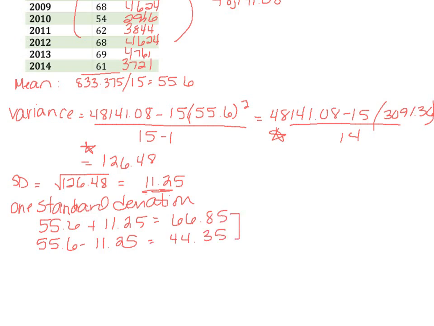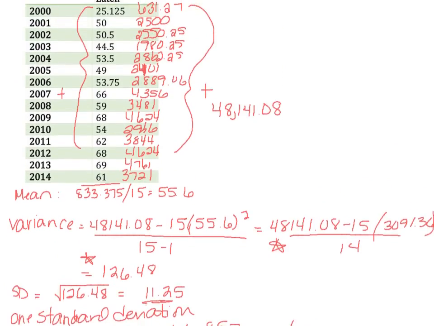How many of our numbers fall, of the 15, how many of them fall within this range? So how many fall between 66.85 and 44.35?